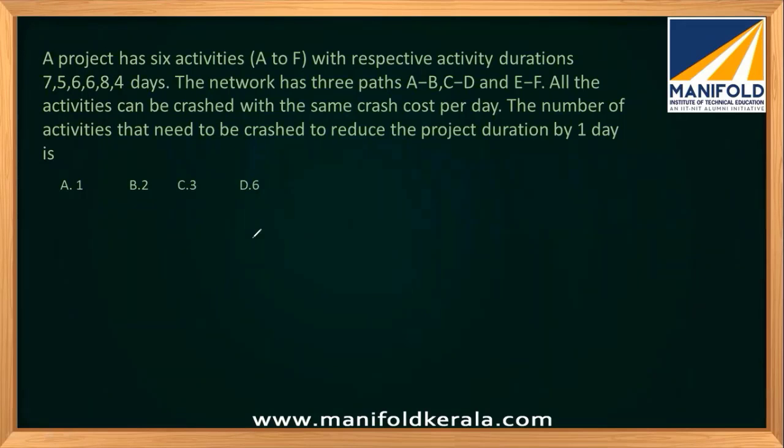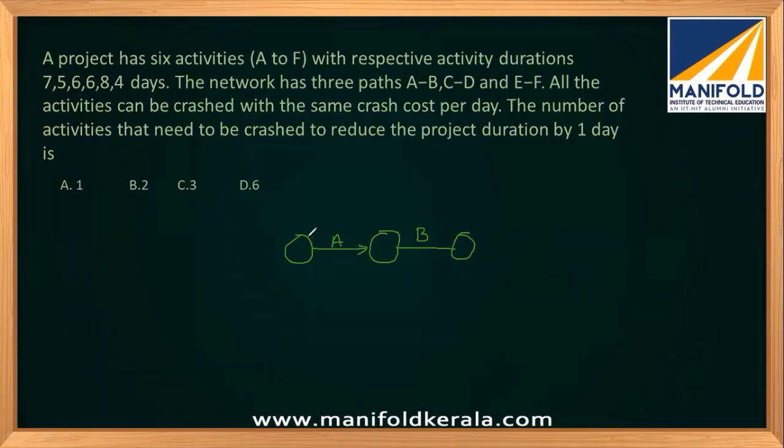So the first path is A to B. This is my A, and this is B. We know that a path has to connect from start to end. So this is one path, this is the start and this is the end.